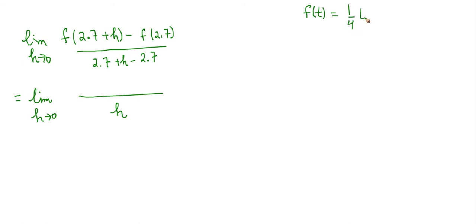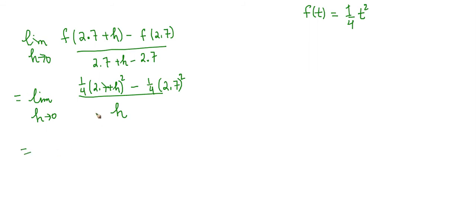So f of 2.7 plus h is 1/4 of 2.7 plus h, quantity squared, because all we're doing is taking 2.7 plus h, plugging it into this function, minus 1/4 of 2.7 squared. All right, so let's work out all the arithmetic here.